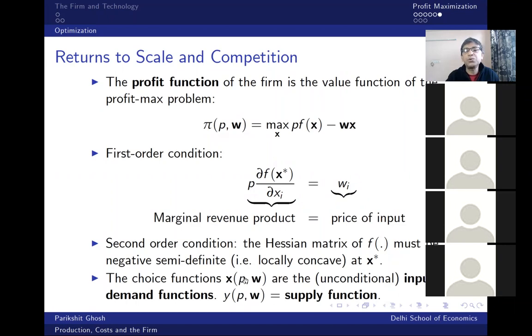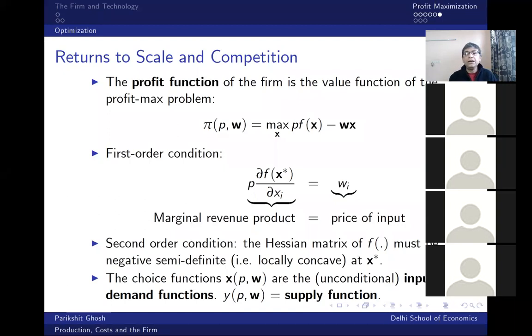So these are the true unconditional input demand functions, and this is the true unconditional supply function of the firm. Give a vector of input and output prices to the firm. This function tells us how much it will supply to maximize its profits, and this vector tells us how much of each input it will demand.